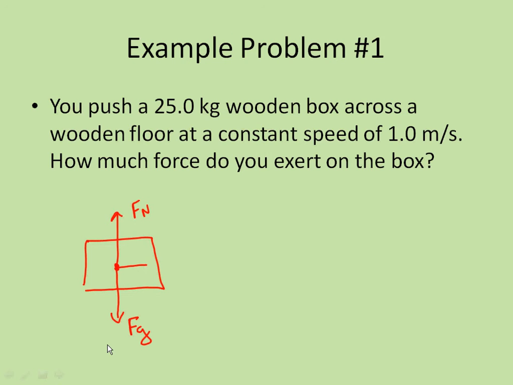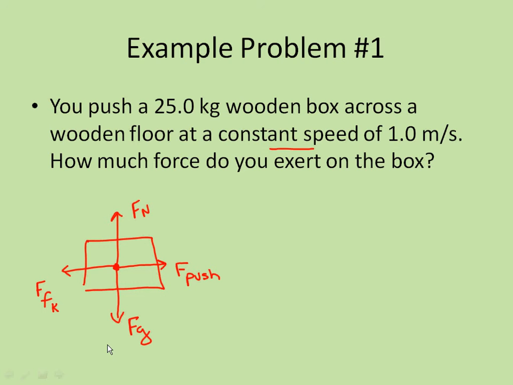We have some sort of push from you, and we have, in the opposite direction, I'm going to make this longer so we can read it, but a lot of times this will be really short, and this is our frictional force. It's moving, so it is kinetic frictional force.